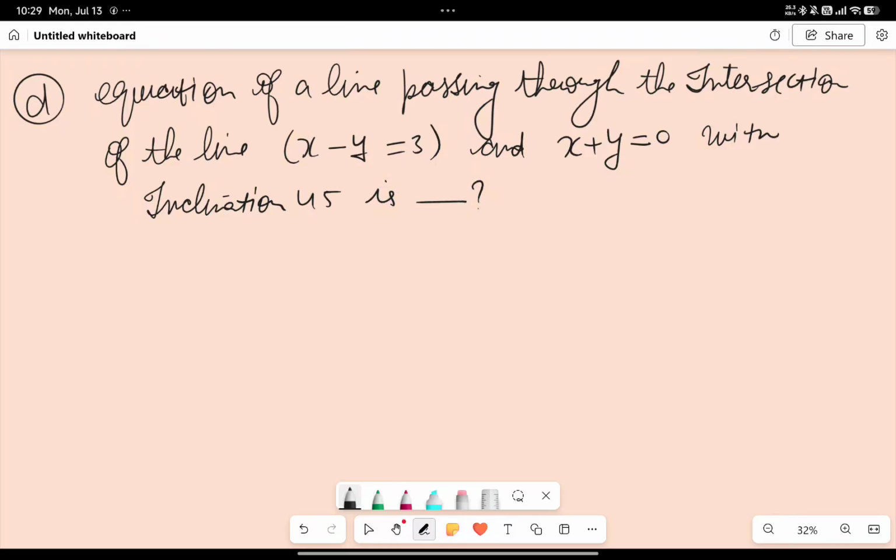Four options are given here, but we have to solve this.